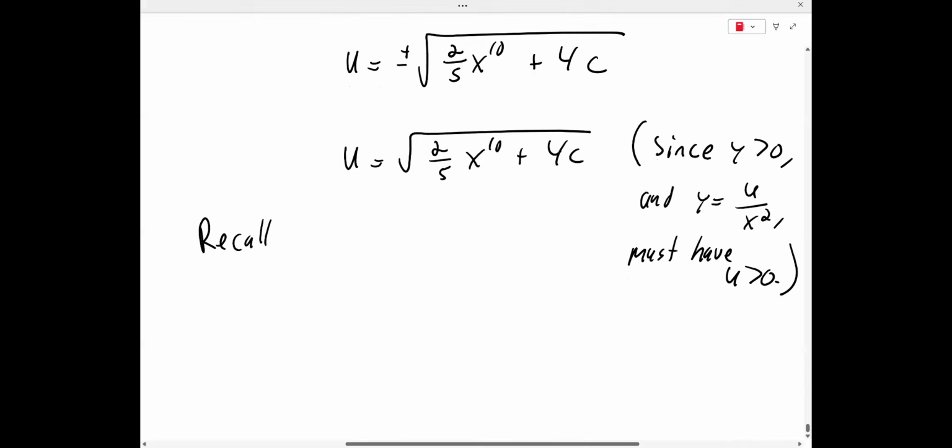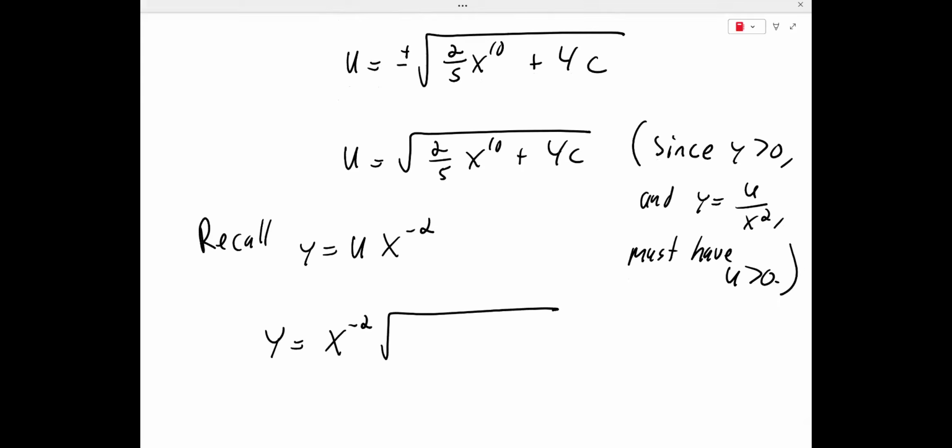Recall that y is equal to what? u times, what was our function there? Is it x to the negative second? Okay, so then y is equal to x to the negative second times the square root of 2/5 x to the 10th plus 4c, like that.